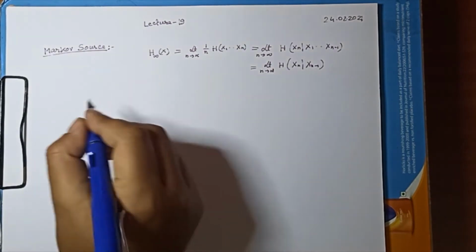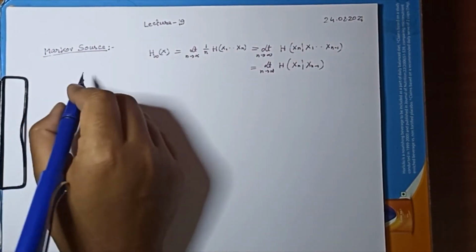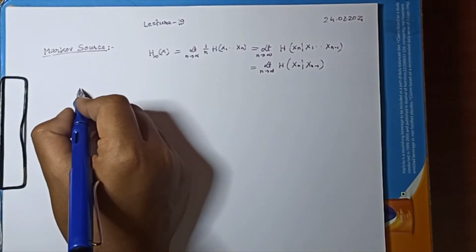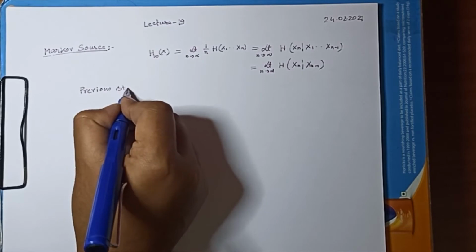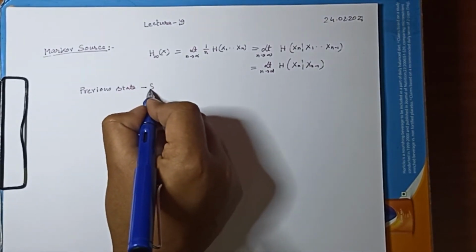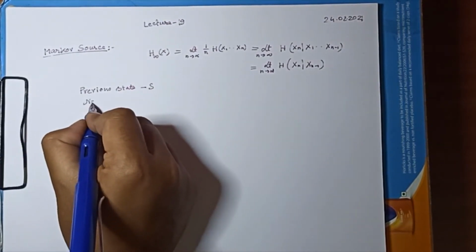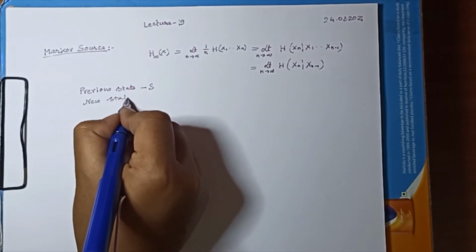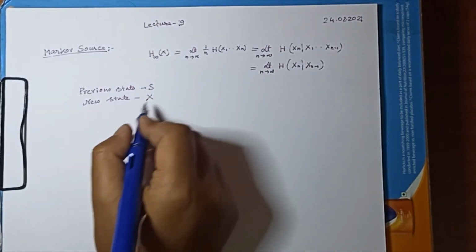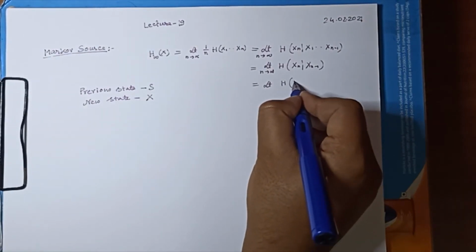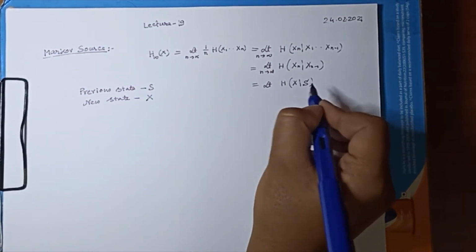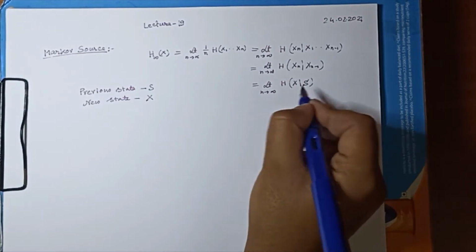Here the notation we have taken is that the previous state is written as S, and the new state is X. Then this same limit can be written as the limit of H of X given S, where S is the previous state. Even in the book the same notation has been taken.